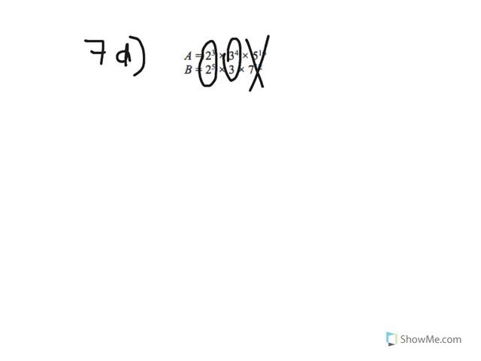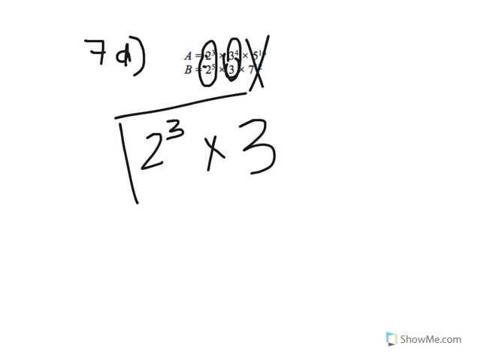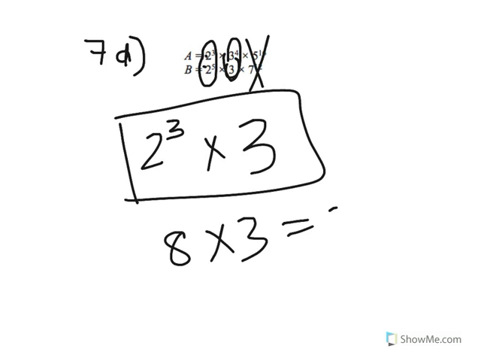So you have to take the highest amount they have in common. The highest amount of 2s is 2 to the power of 3, and the highest amount of 3s is just a 3 over here. If you multiply them out, it's 8 times 3, which is 24 as their highest common factor.